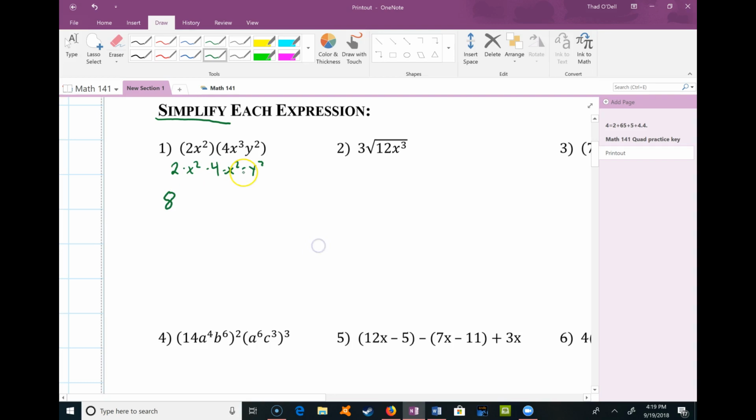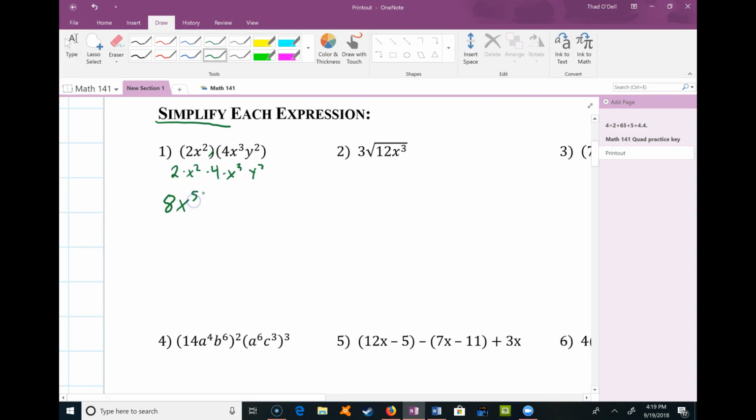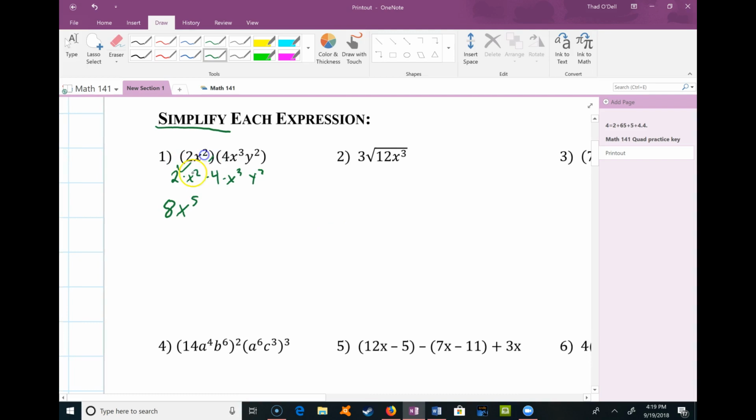Then x squared times x cubed is x to the 5th. That takes care of that, and all that's left is the y squared. There's nothing I can multiply it by, so I just write it down. Remember that it's still multiplication, so our answer is 8 times x to the 5th times y squared.